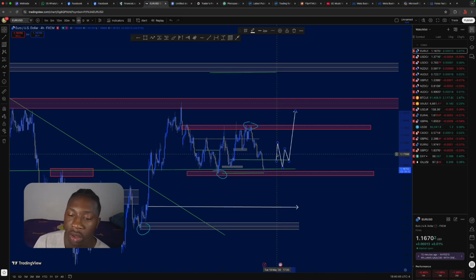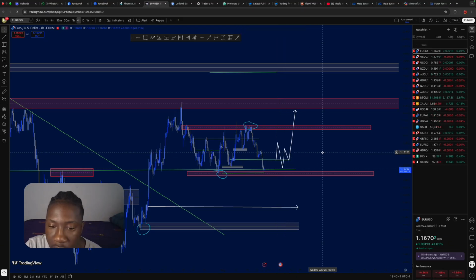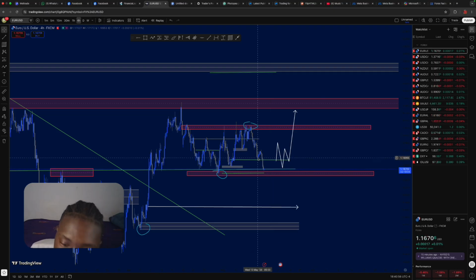So this is why I said so. This was early for those who rush when they see that the market has finished moving down. They rush to enter buys, but the market didn't agree with that.